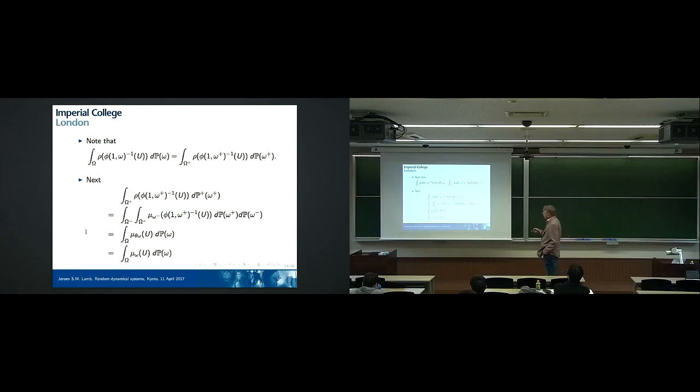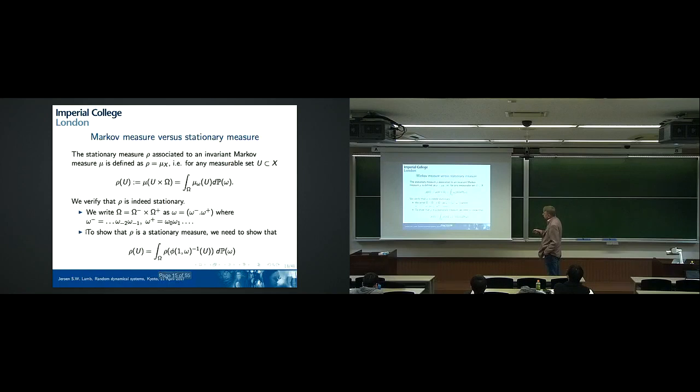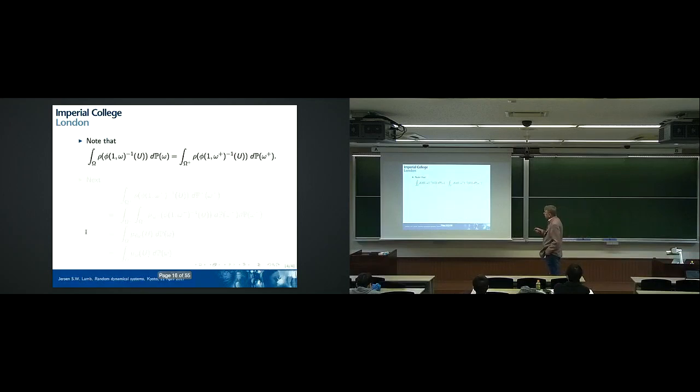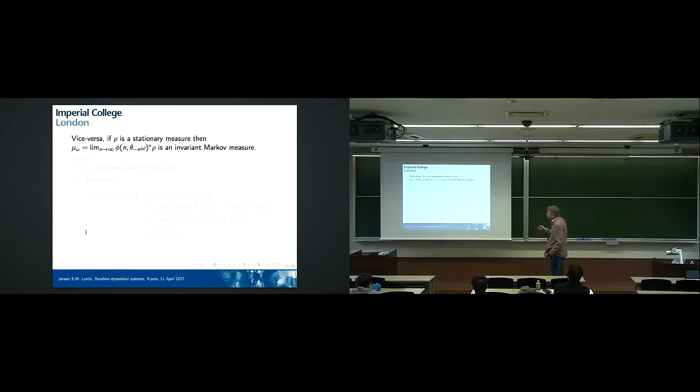So what I check here is that indeed rho is stationary, which is the invariance of this procedure. And vice versa: if rho is a stationary measure, then this object is an invariant Markov measure. So this is the associated disintegration.